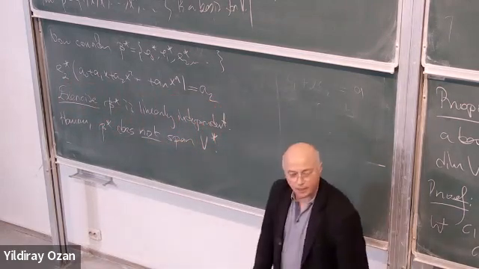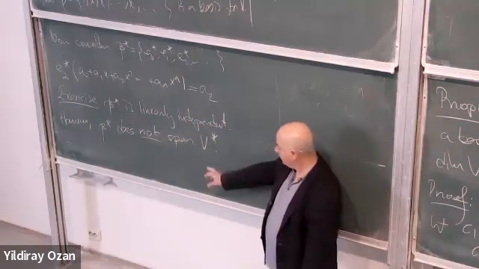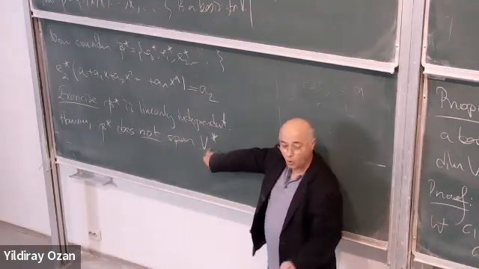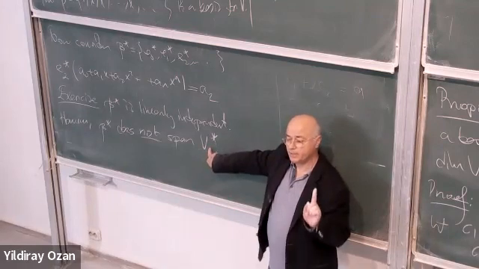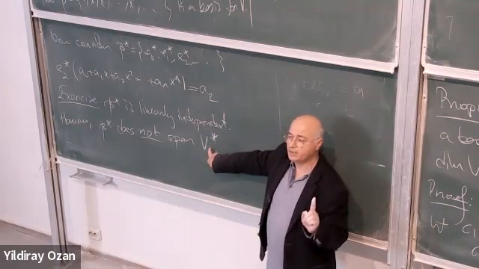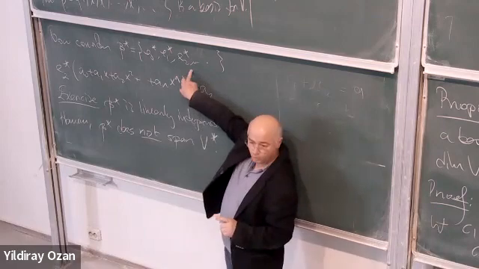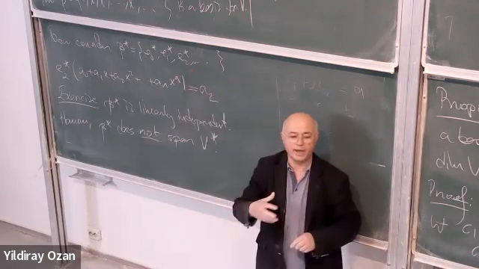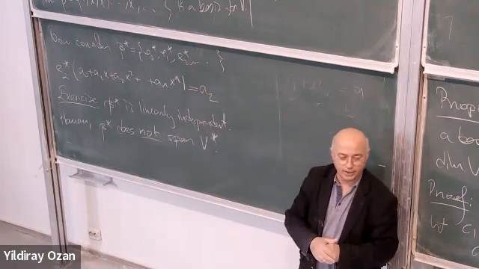What is it? Well, I claim that not all the elements here can be written as a linear combination of elements from this. So I have to exhibit one such element.